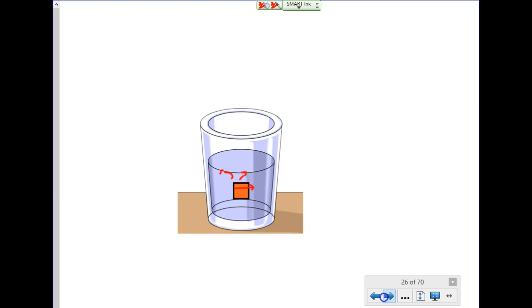When you consider the block that was added to the water, would you expect the Q value to be negative or positive?